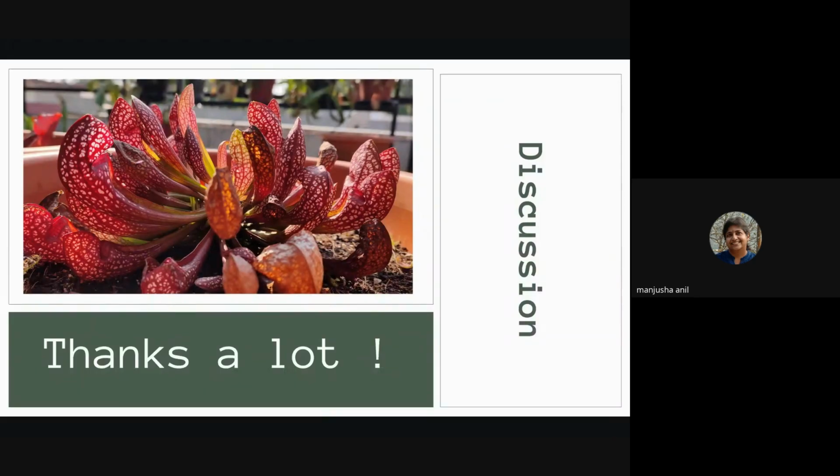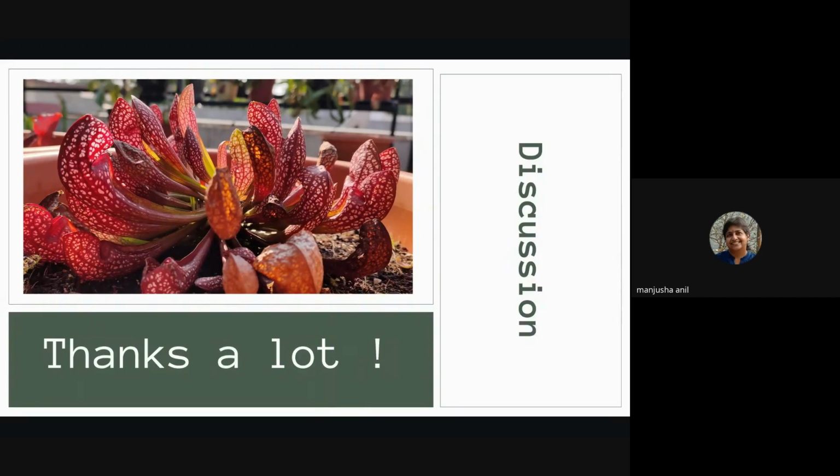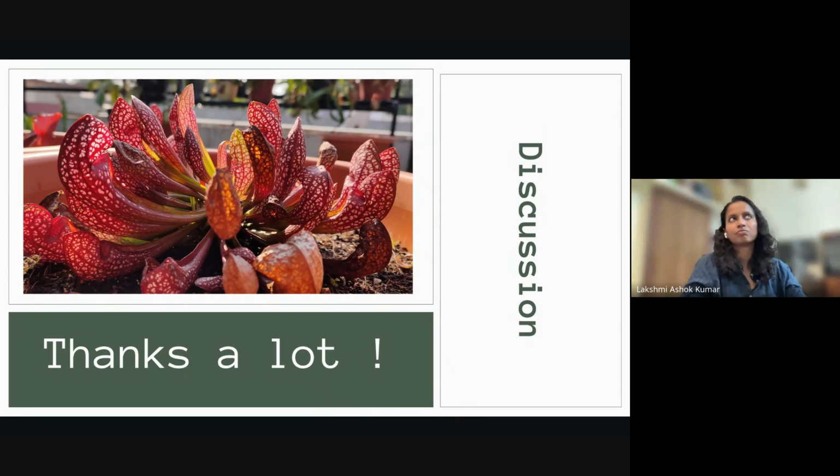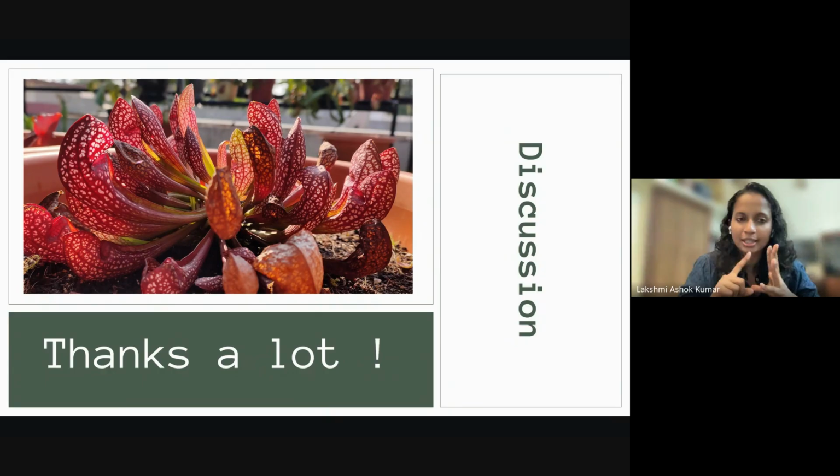One more question, Lakshmi. How many species of insectivorous plants can be seen in Kerala? In Kerala in particular, I've come to know that there are 3 Droseras in India, which are burmanii, serpens, and peltata.